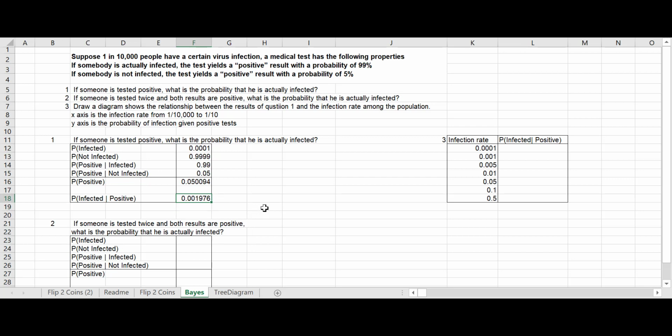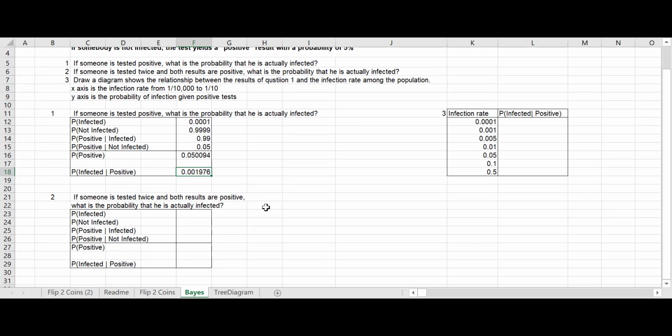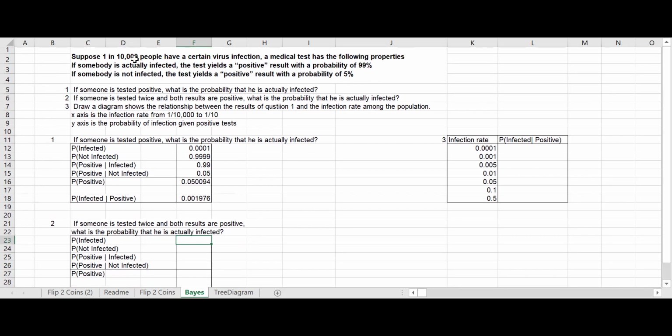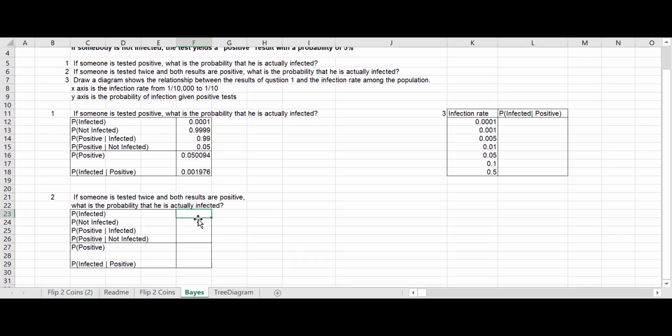So next question, if tested twice positive, how can we find out the probability he's actually infected? This is very interesting. Tested twice positive means the infection rate for this person is not 1 out of 10,000. He's not just a random person in the population. It's like he already tested positive. So we call it the prior probability.